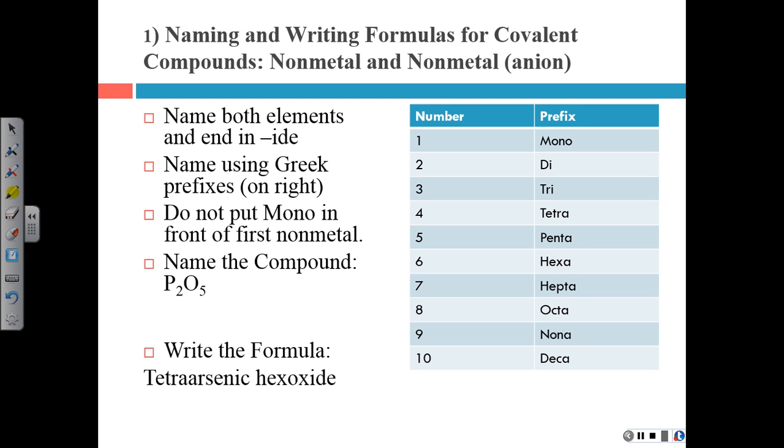And then we have 5 oxygens, so we have penta, oxygen. We drop the ending and add IDE, so pentaoxide. Technically, if you have 2 vowels next to each other, you drop the A because it's part of the prefix. So it would be pentoxide, P-E-N-T-O-X-I-D-E.